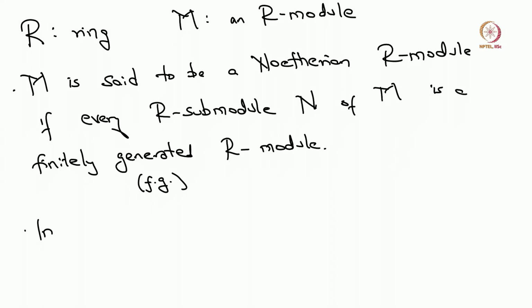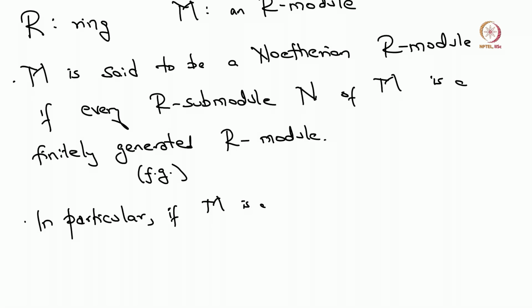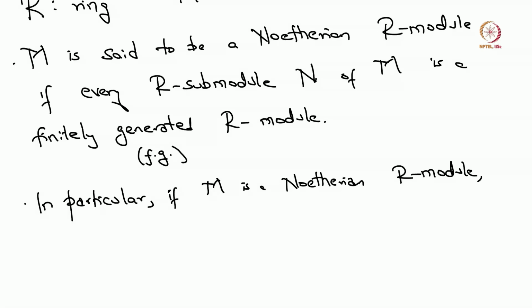So in particular, if M is a Noetherian R module, you can choose the submodule M itself, you get that M has to be finitely generated. So in particular, if M is a Noetherian R module, then M is a finitely generated R module.